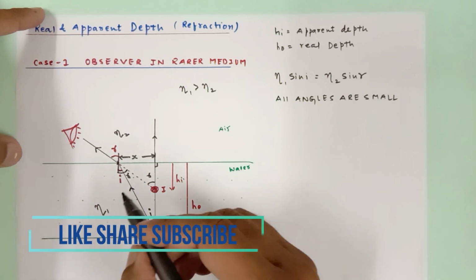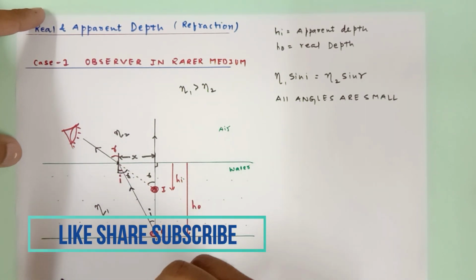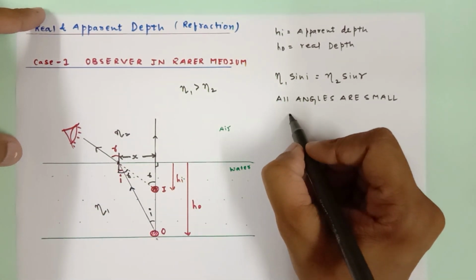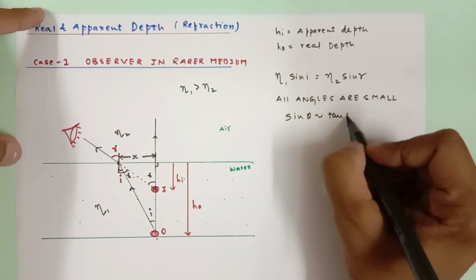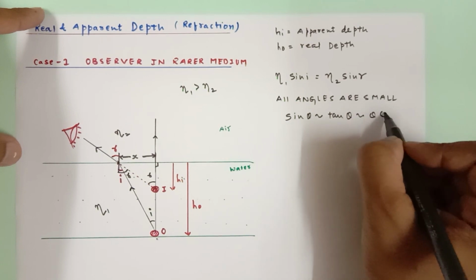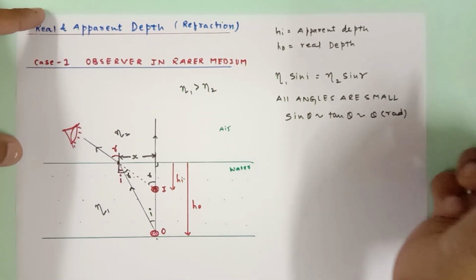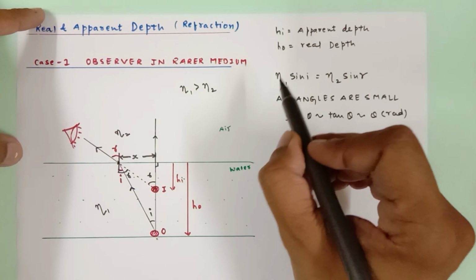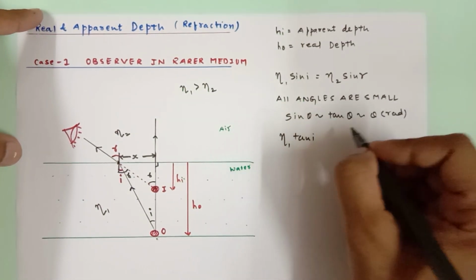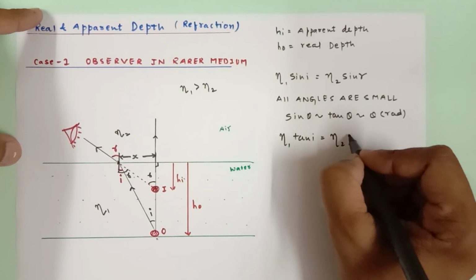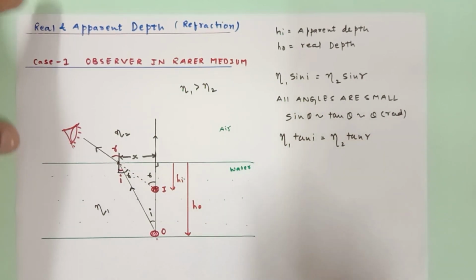If we consider that all these angles I and R are very small, you can take sine theta as tan theta as theta, but in radians. Correct, people? So here instead of sine, I am going to write tan I, so eta 1 tan I is equal to eta 2 tan R.